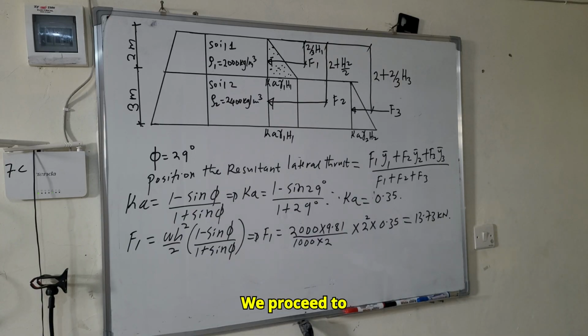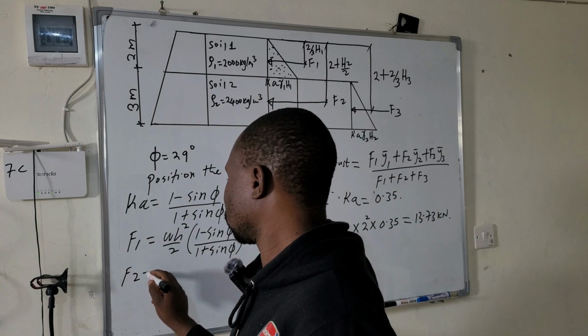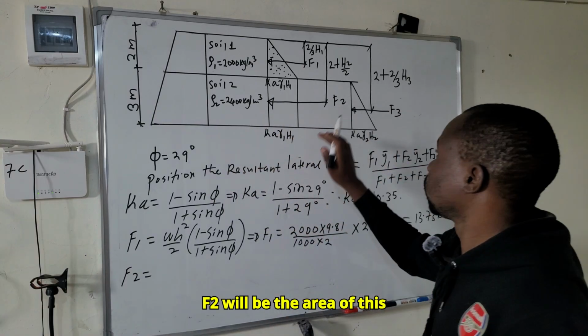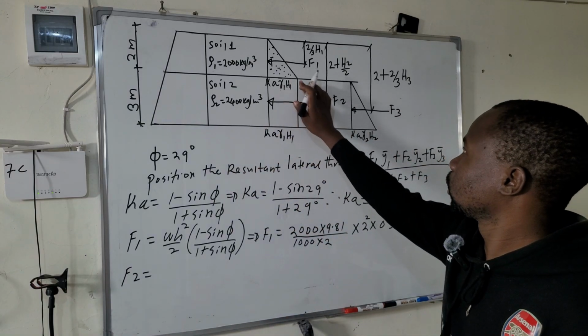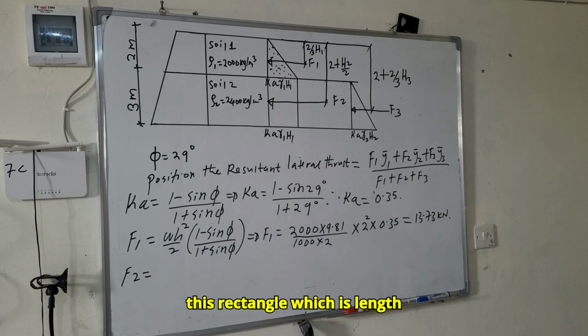We proceed to F2. F2 will be the area of this rectangle, which is length times width.